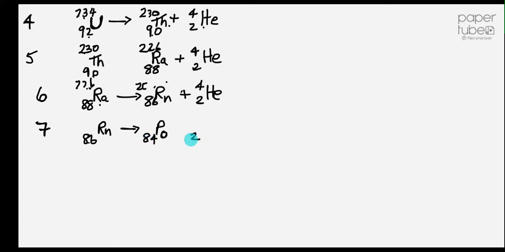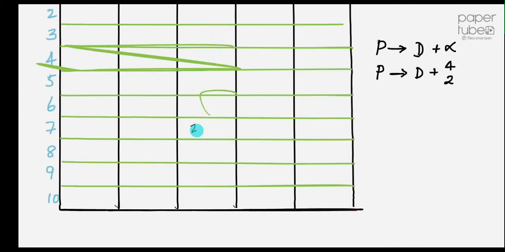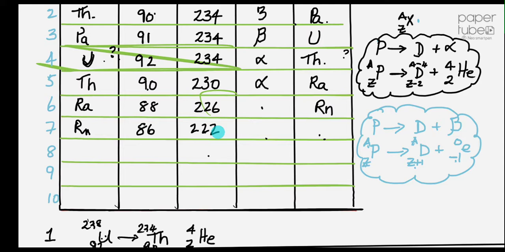Look, 84 and 2 gives me 86, because I looked up polonium in the back. 84 is polonium plus an alpha particle. So polonium's 218, so that must be 222. Fair enough. Another one done. So 86, 222, alpha. That's that one. Let's see, can I fill in number 6?